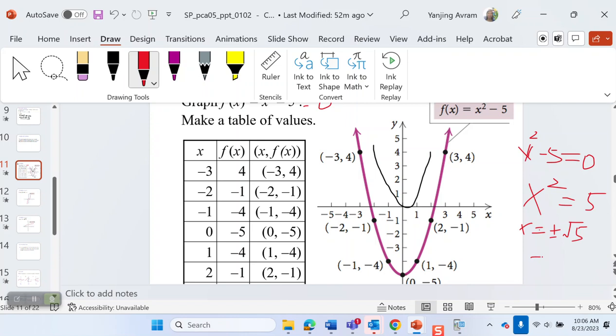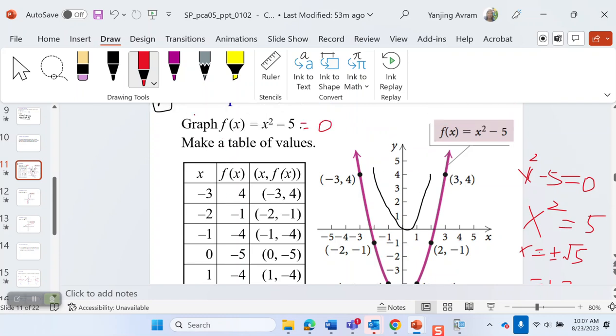The square root of 5 is 2 point something. I'll just estimate about 2.2. So the x-intercepts are about 2.2 and negative 2.2, with y equal to 0.